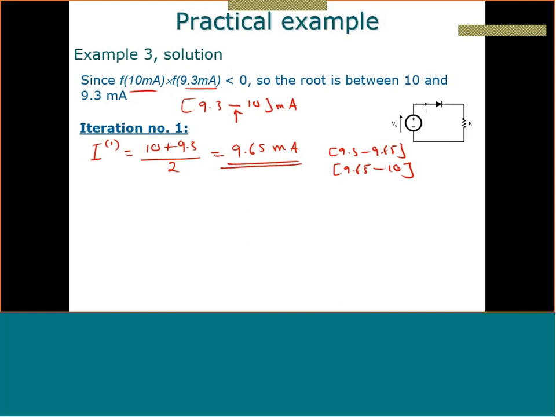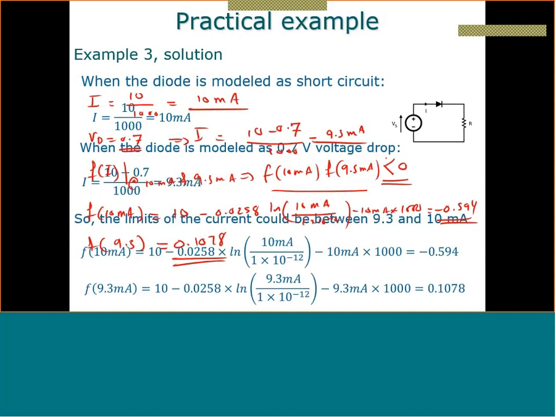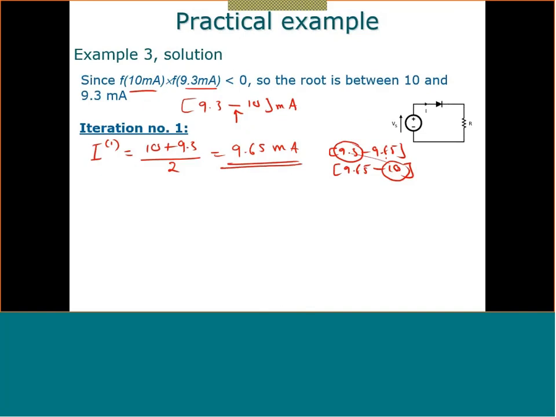So again, I know the function at 9.3. I know the function at 10. I already calculated that here, as you can see. So at 9.3 is positive, at 10 is negative. So I need to find the function at my new answer 9.65. And if I do the calculation, you will find this is a negative number, which is minus 0.243.